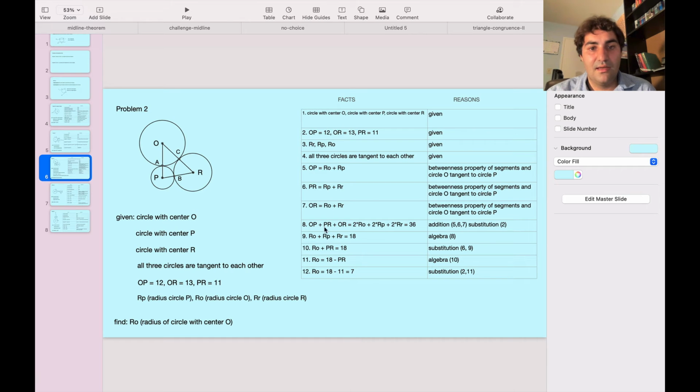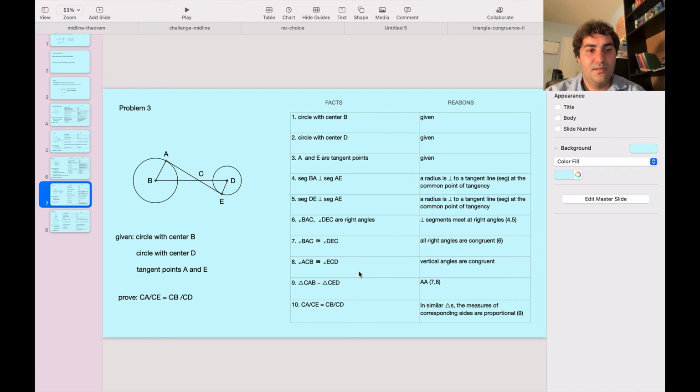And if we look, RP plus RR here is actually equal to the length of PR, so I can just substitute that into this equation in statement 9, and then doing some algebra, I get length of RO is equal to 18 minus length of PR, so RO is equal to 18 minus 11. The 11 comes from statement 2 where I substitute PR, and I get 7.